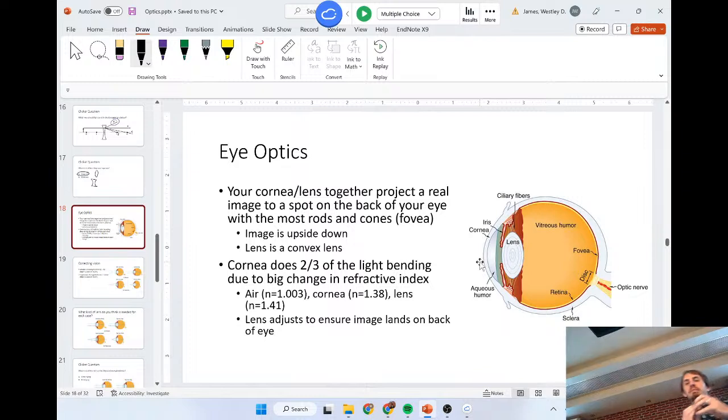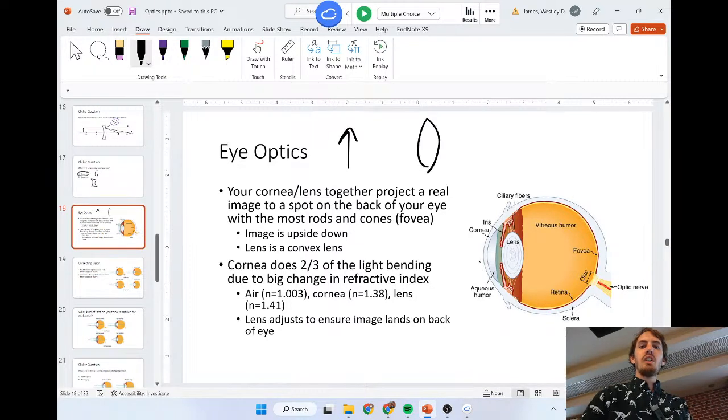Because here's the problem. Every time we've been drawing an object and a converging lens, say I have an object here, I need all of them to converge back here, at the back of the eye, regardless of their distance. So your eye is constantly changing its focal point to make this happen.